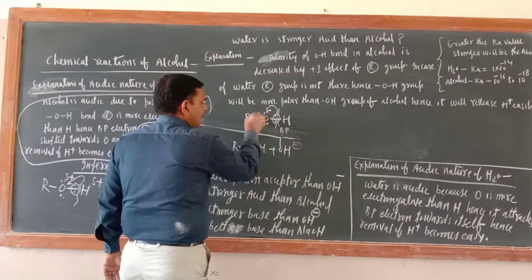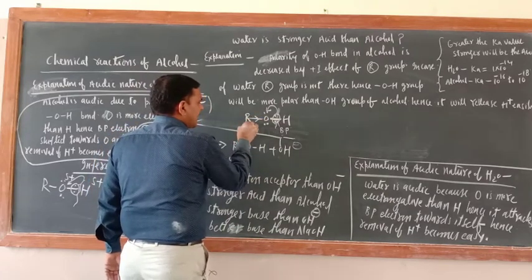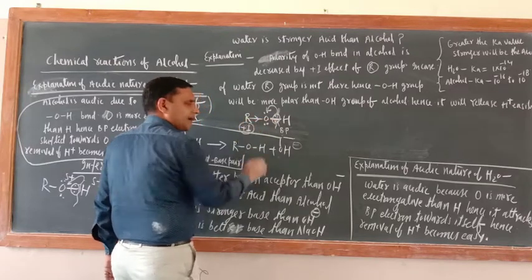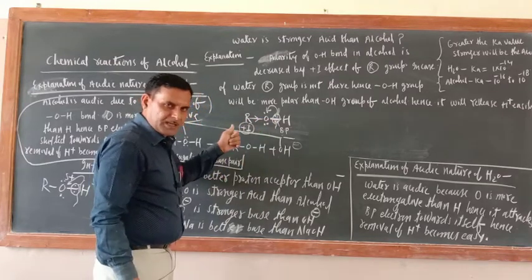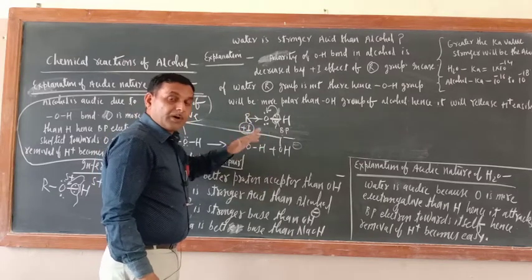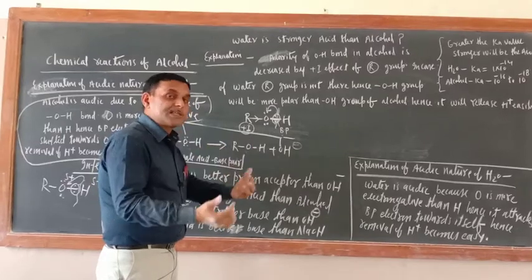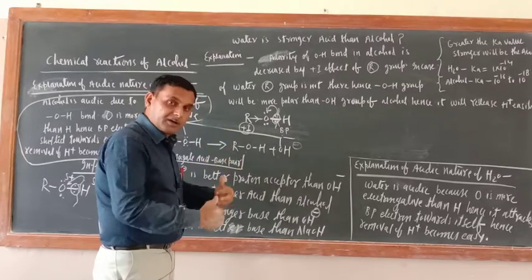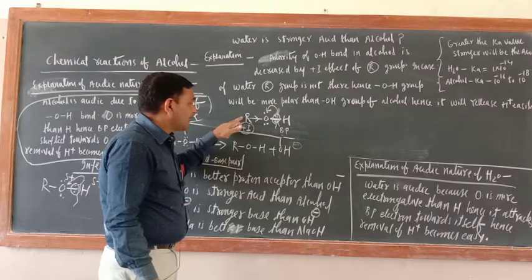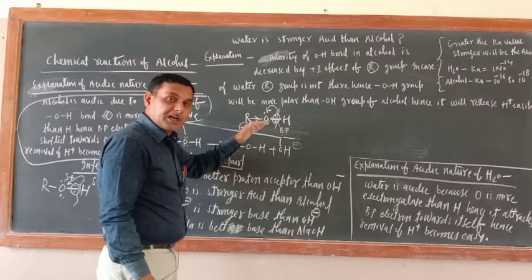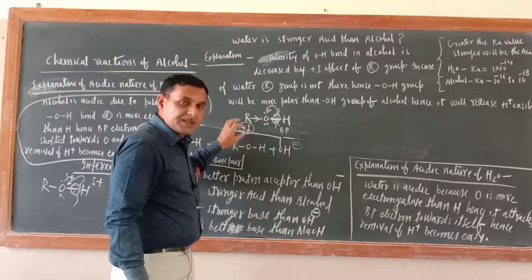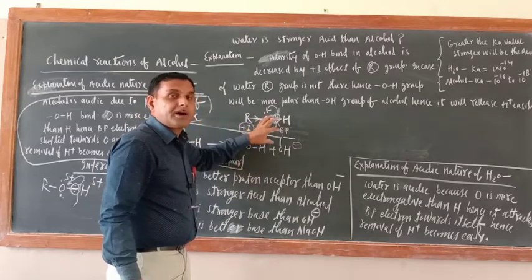This R group is increasing the electron density at the oxygen atom because of the plus I effect. So what is it doing? Whatever hunger oxygen has for the electron, that hunger is quenched by the R group because it is releasing the electron toward this oxygen. It means this R group is decreasing the polarity of OH.